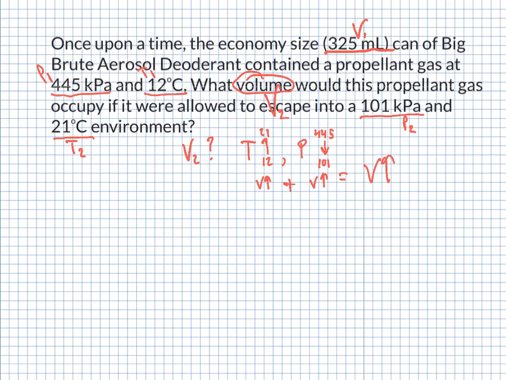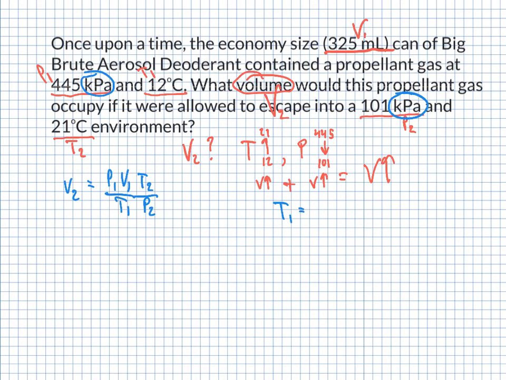So we know that formula, V2 is P1 V1 over T1, and then I moved over the T2 and the P2. So I've got all of that. Now, kilopascals, those are the same unit, so I'm ready to go with my pressures. Milliliters, well, that means my volume is going to be in milliliters as the final answer. That's fine. My temperatures are in degrees Celsius. I have to adjust those.